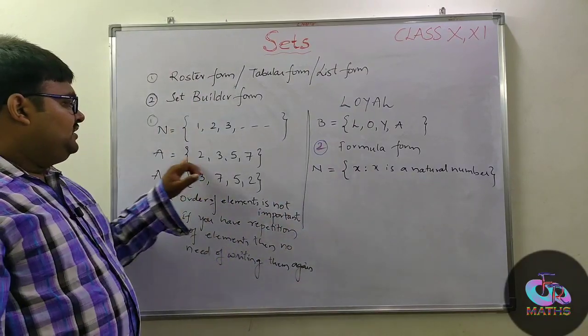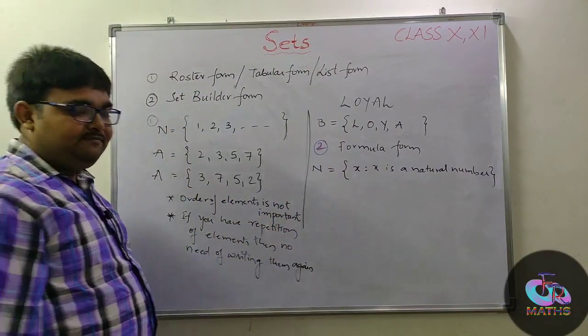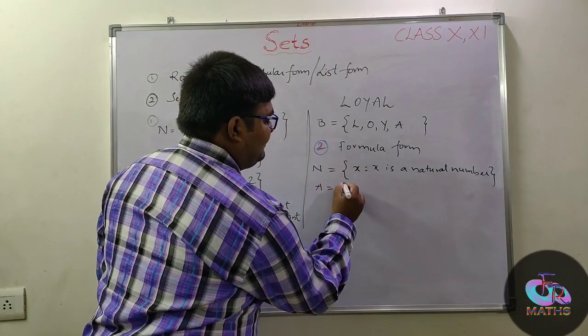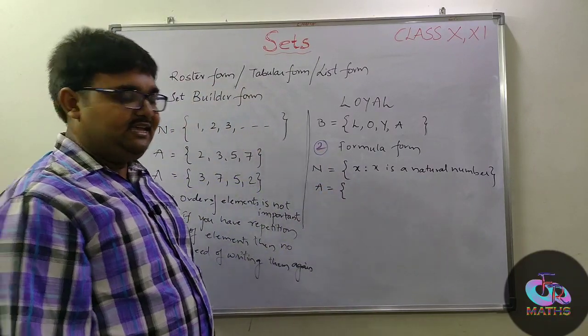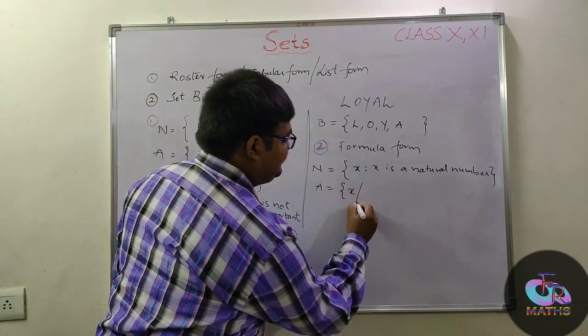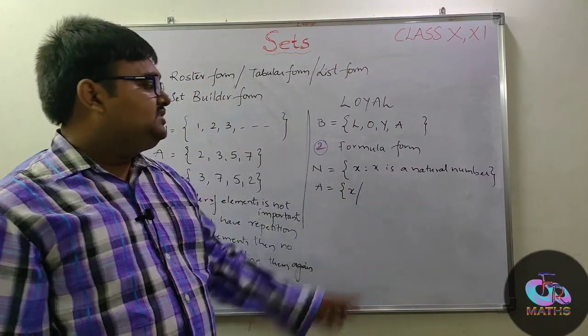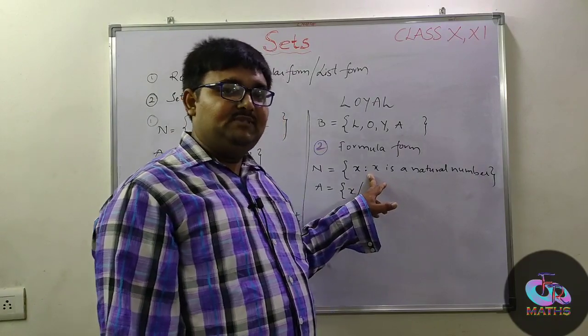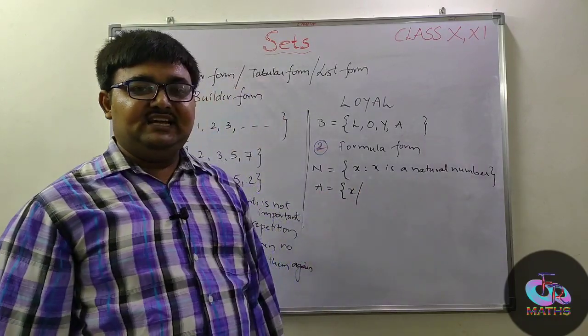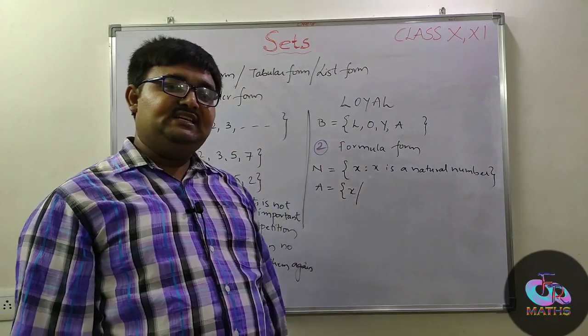The same way, if you want to represent set A in set builder form, how can you write? x such that. This is one more representation for such that. Here we have used this symbol for such that, and here we are using a slash. This also can be read as such that.